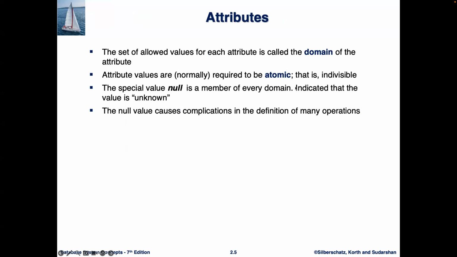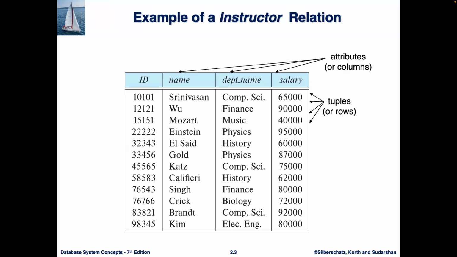A set of allowed values for each attribute is called the domain of the attribute. For example, department name: the domain of this attribute is all the possible values a department name will hold. For example, University of Minnesota Crookston has a computer science department, finance department, music department, physics, history, but we don't have a medical science department, right?